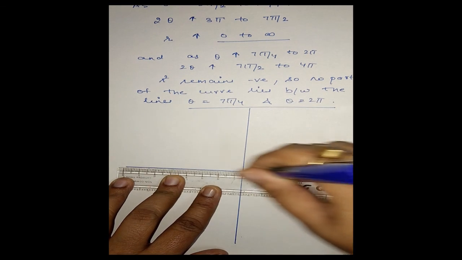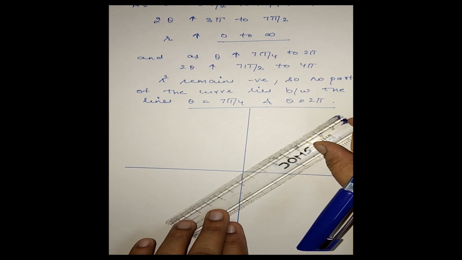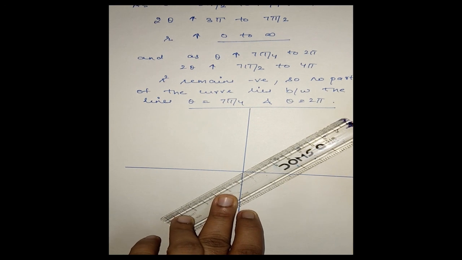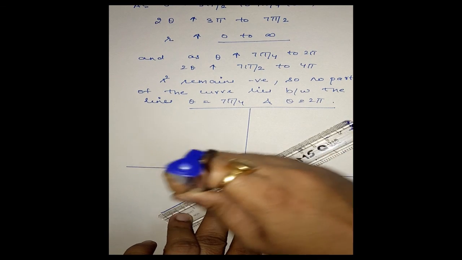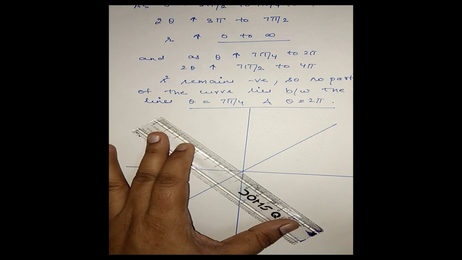Now we will trace our curve like this. This is y is equal to x line, and this is y is equal to minus x.